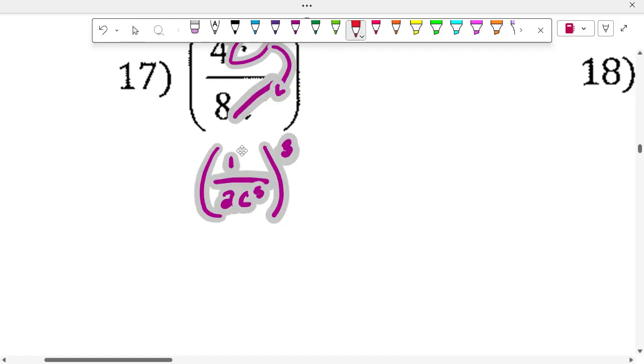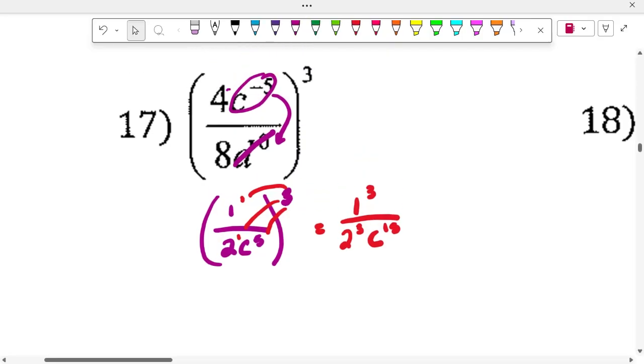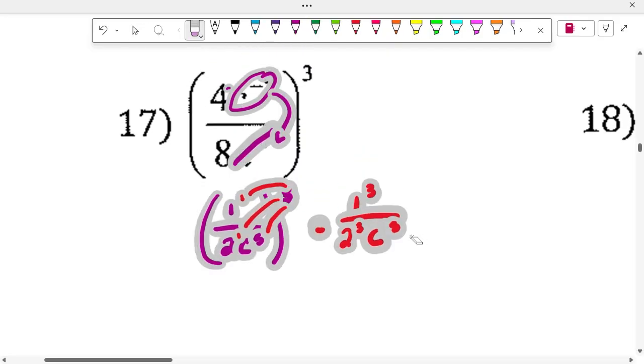Now I can do the power rule. So remember, put the 1s for the bases that don't have anything. So this would be 1 cubed over 2 cubed C to the 15th. 3 times 5, guys.